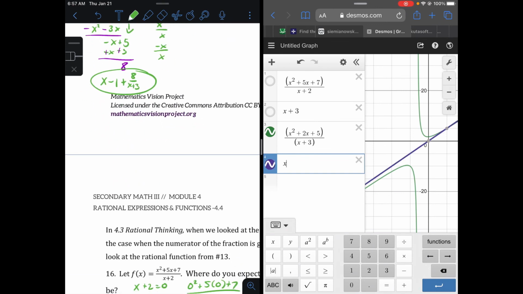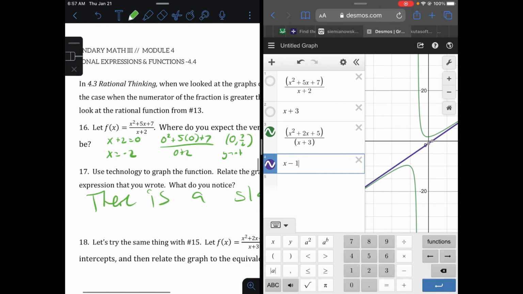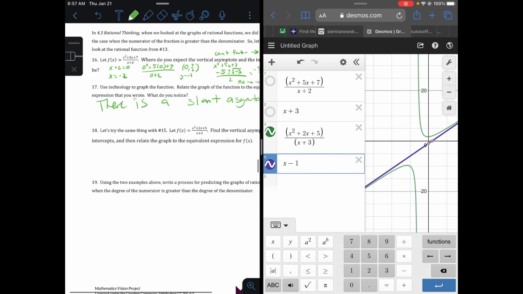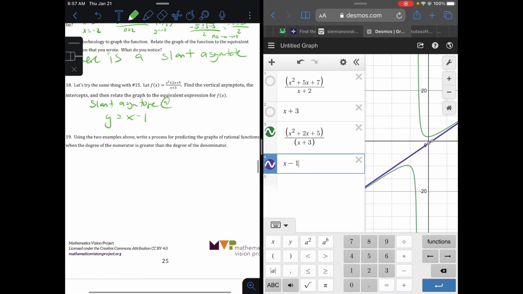So let's see what happens when I graph x minus 1. You can see again that that is, in fact, a slant asymptote. So we could just say we have a slant asymptote at y equals x minus 1. It's just a line, right?